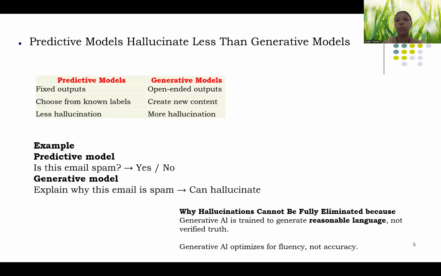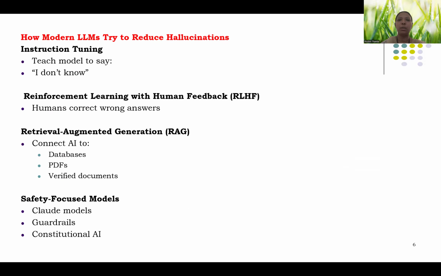Because generative AI is trained to give some reasonable output, the next tokens, but it does not go and verify whether the content it generated is factual or true. Generative AI is focusing only on fluency, not on accuracy.